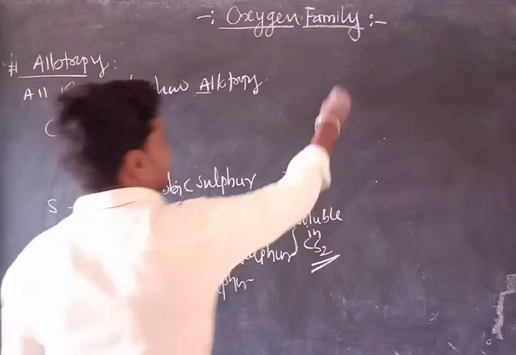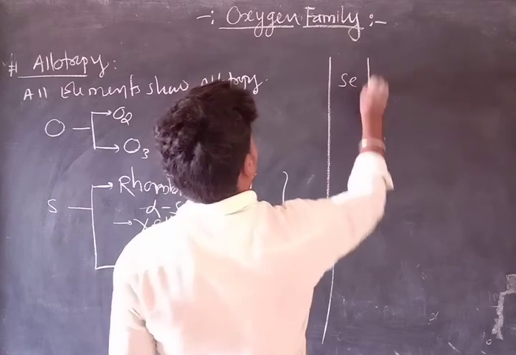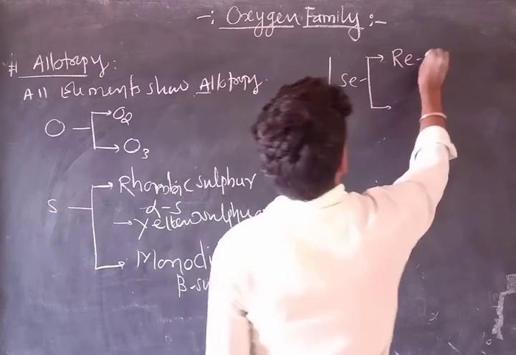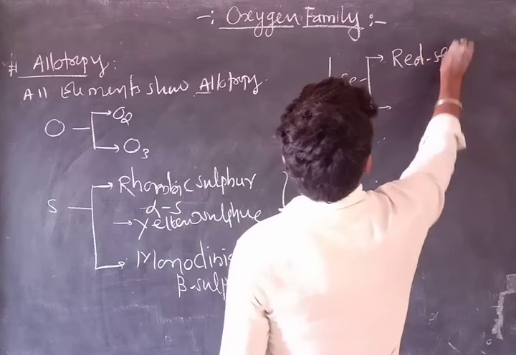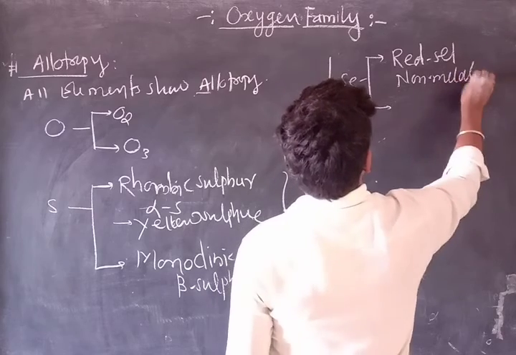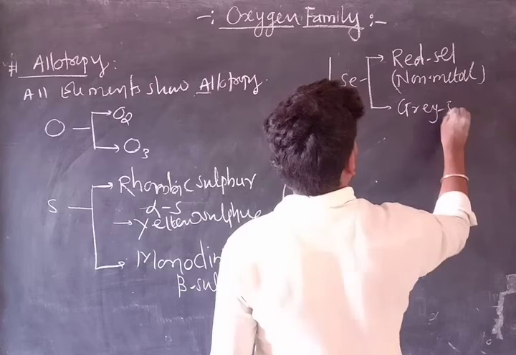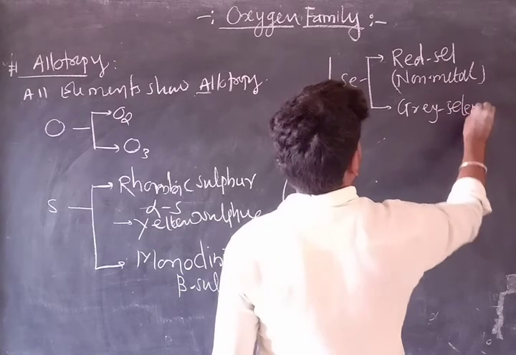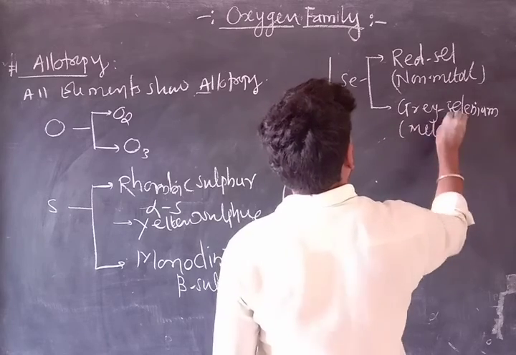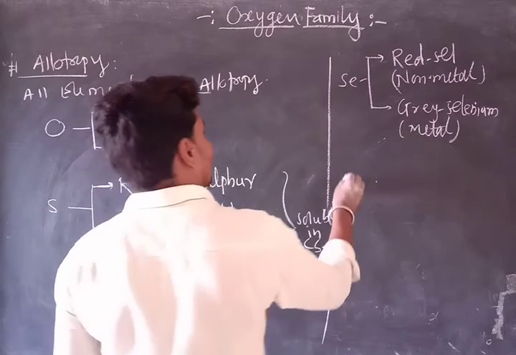After this, we have selenium. Selenium also has two types of allotropes. One is red selenium, which has non-metallic character, and the second is gray selenium, which shows metallic character.